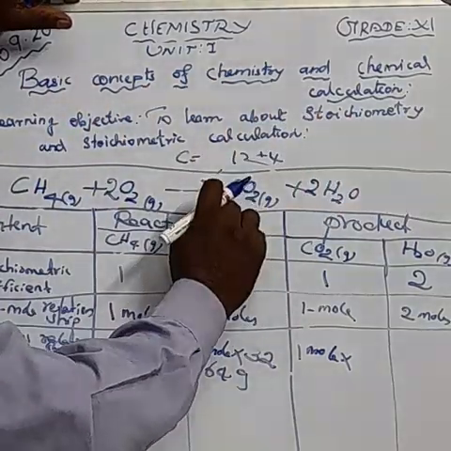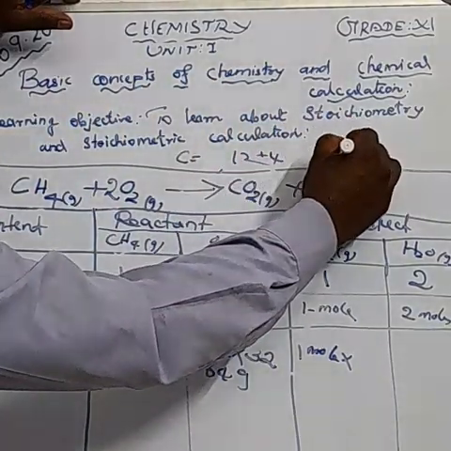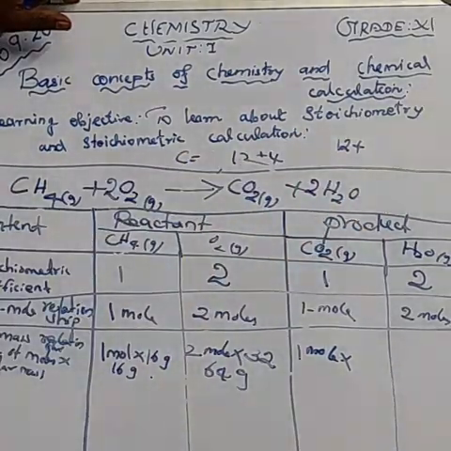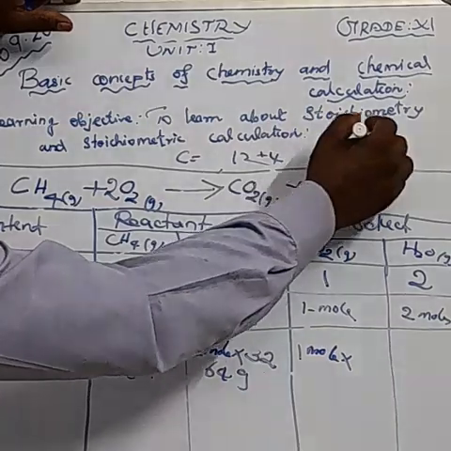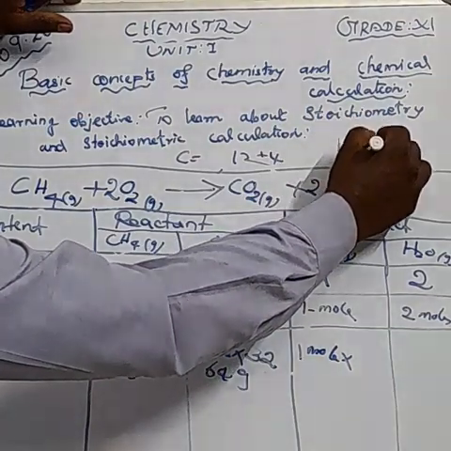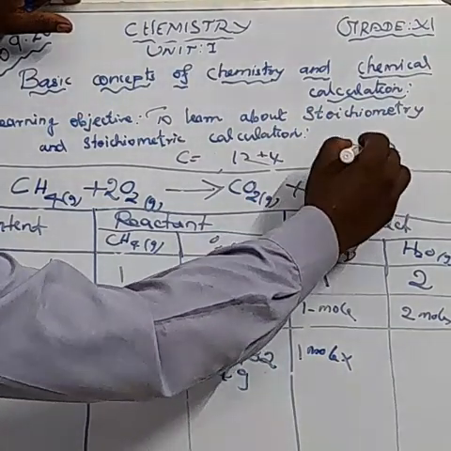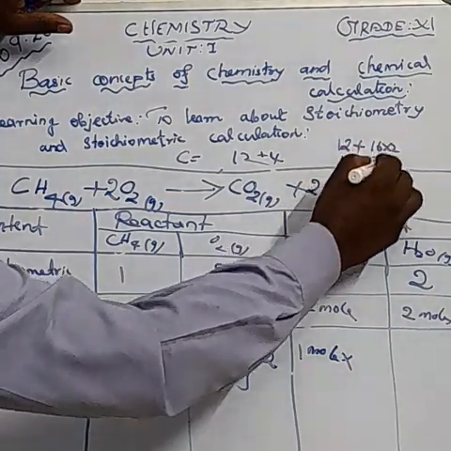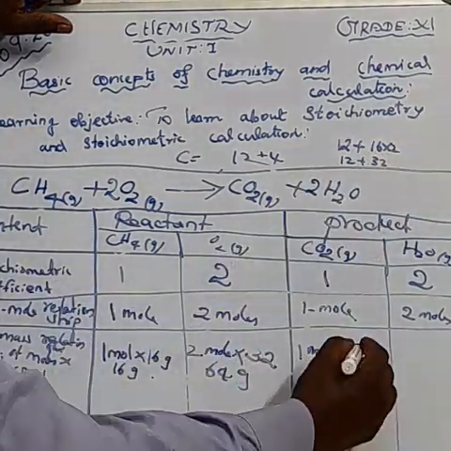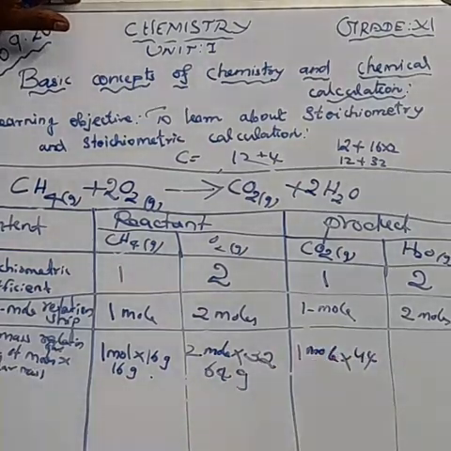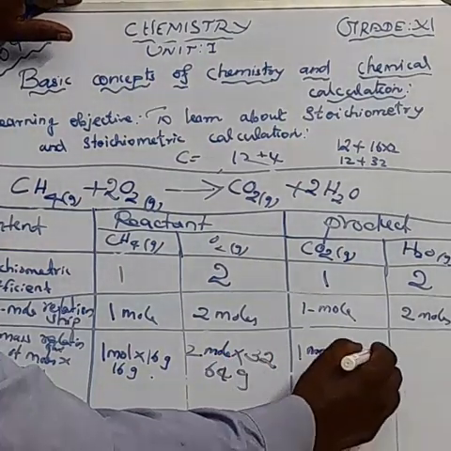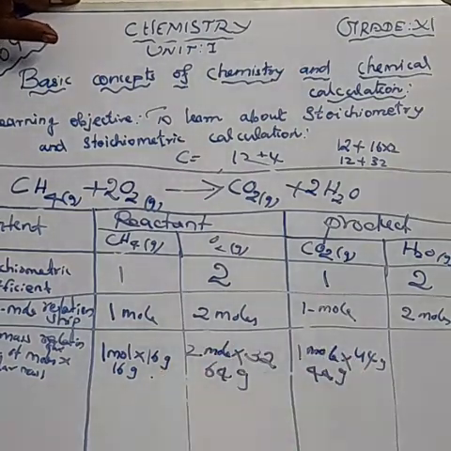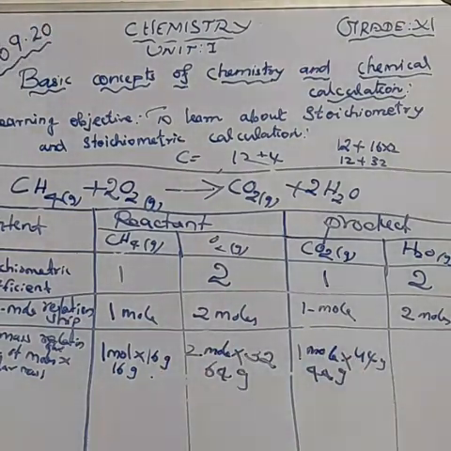First of all, count carbon: 12, plus oxygen 16 into 2 is equal to 32. That is 12 plus 32 is equal to 44. So we get 44 gram.